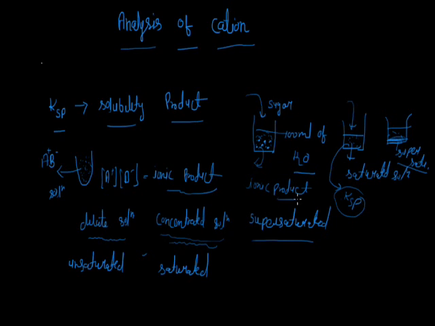At the saturation point, this ionic product is called KSP, means solubility product. And in the supersaturation, it is also called ionic product. But only at the saturation point, the ionic product is called solubility product, that is KSP. So we can say that KSP is obtained only in saturated solution.